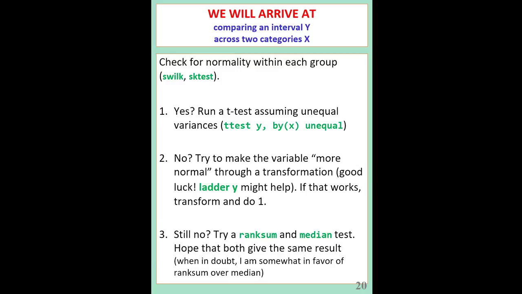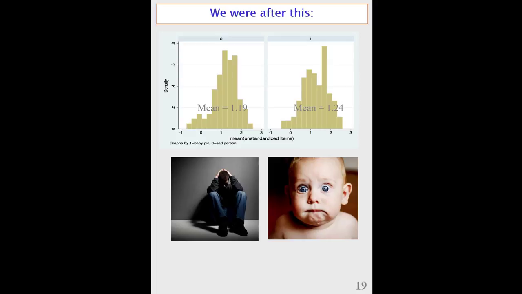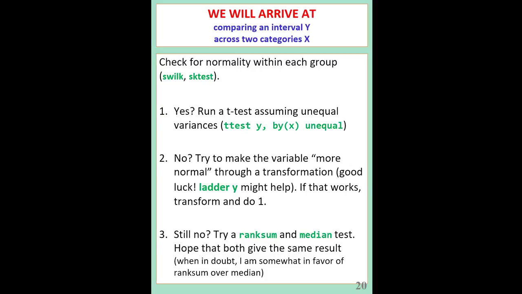However, if not, then what you can try to do is somehow transform that hump that you have over there in some other shape that is more normal than the one that you have. And we'll go through the ways in which you can do this. If that works, great. So if, let's say, the square root of the y variable works, then you create that variable, and you do the same t-test now with that square root y. That's relatively easy.